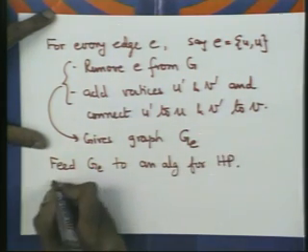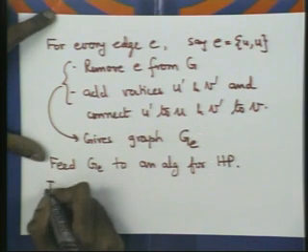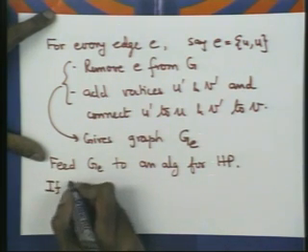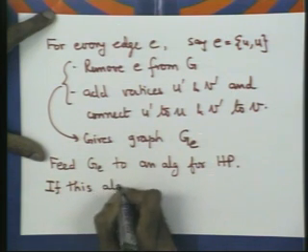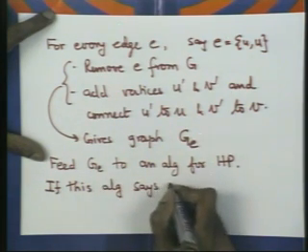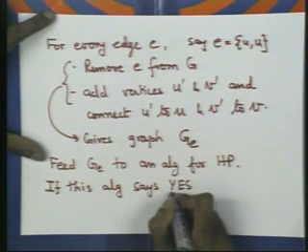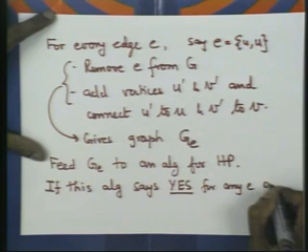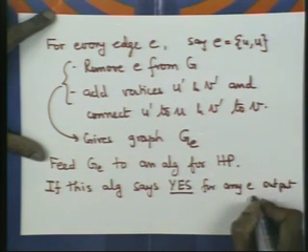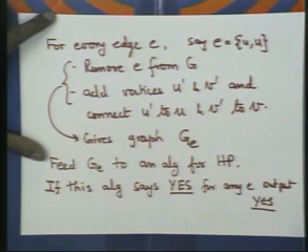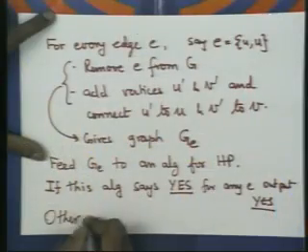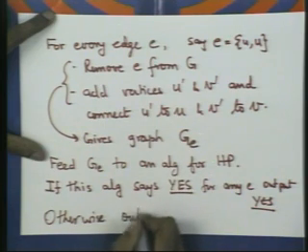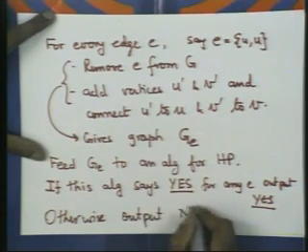If this algorithm says yes for any E, output yes. If it says no for all E, you output no. So otherwise output no. So you output no if it says no for all edges.